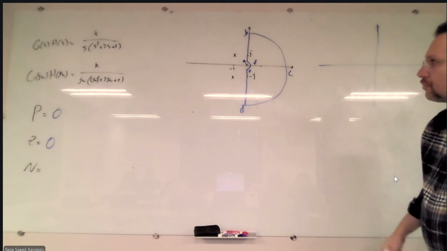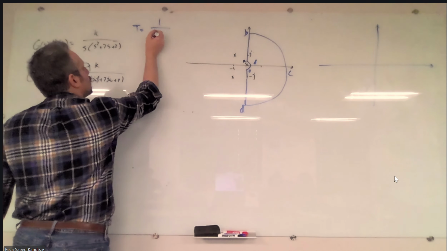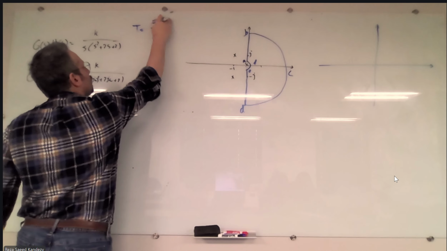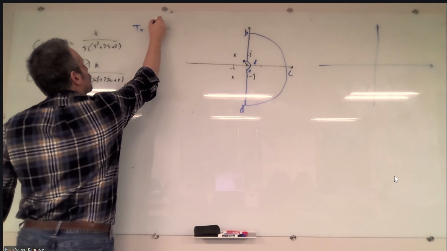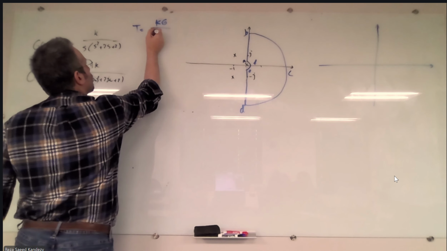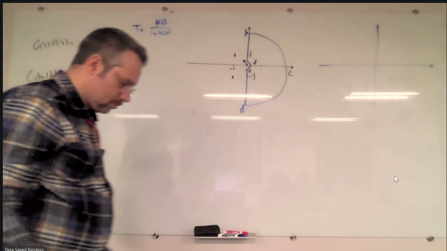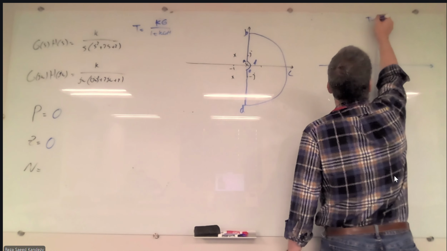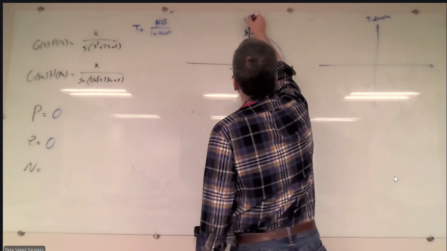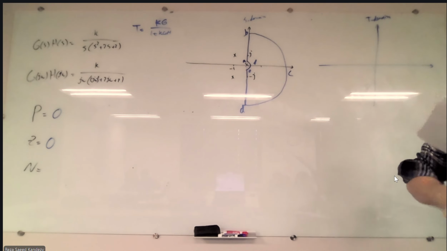Here, I'm going to define the overall feedback, which is KG over 1 plus KGH. So I'm going to use T. So this one becomes the T domain.